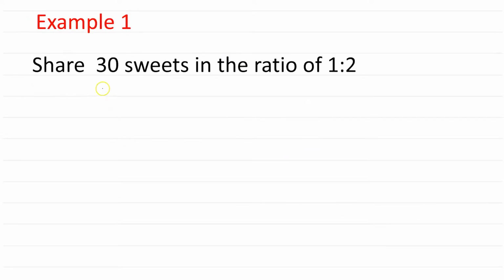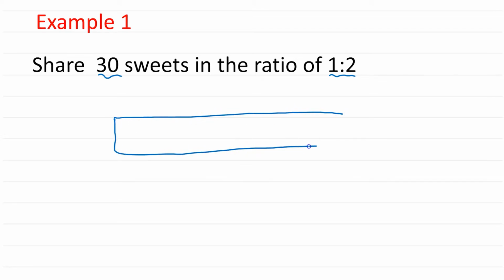Here we have 30 sweets and we're asked to share in the ratio of 1 to 2. So we're just going to use this bar again to represent 30 sweets. So in this bar, there are 30 sweets. And it's been divided into 1 to 2. So the total number of parts is 1 plus 2. So I'm just going to write it here.